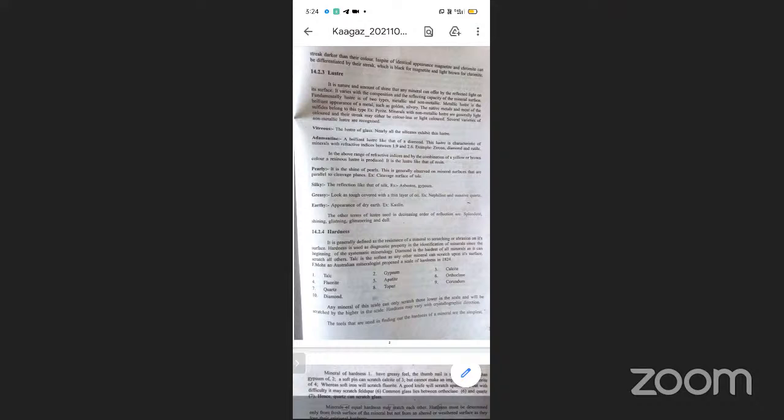Next property is hardness. It is very important in mineral identification. Generally we define it as the resistance of a mineral to scratching or abrasion on its surface. Hardness has been used as a diagnostic property in the identification of minerals since the beginning of systematic mineralogy.